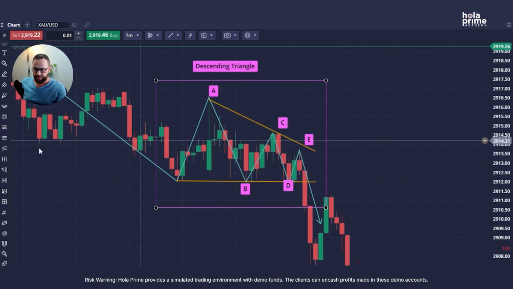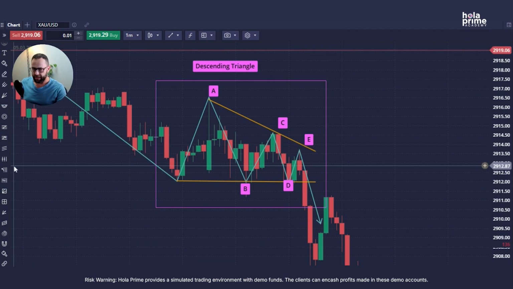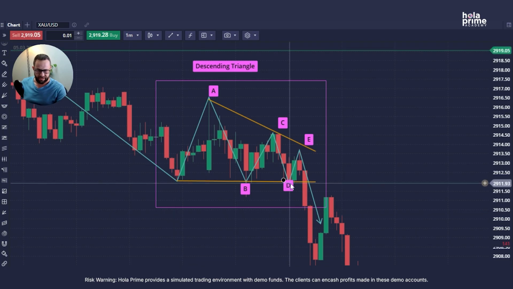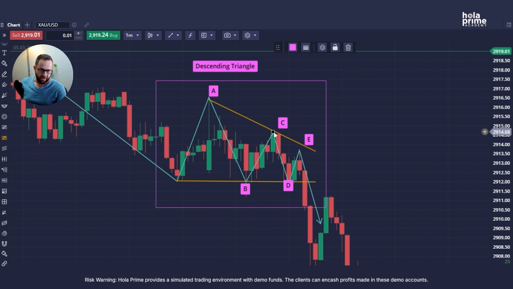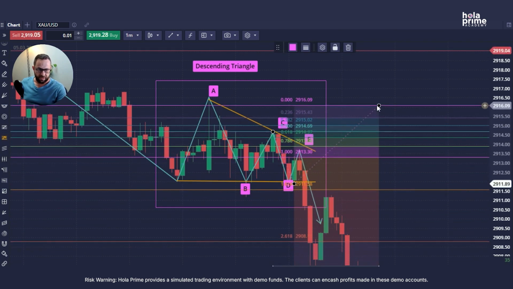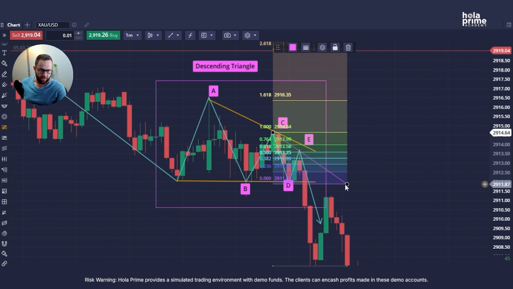And then what you want to do is also, if you're anticipating that you might be dealing with the final end of a descending triangle after you've seen price bouncing off a horizontal level on the downside, then you measure from the end of your C wave to the end of your D wave, oops, that's actually the wrong tool. Let me just get the right one here for you guys. There we go. C wave to the D wave.